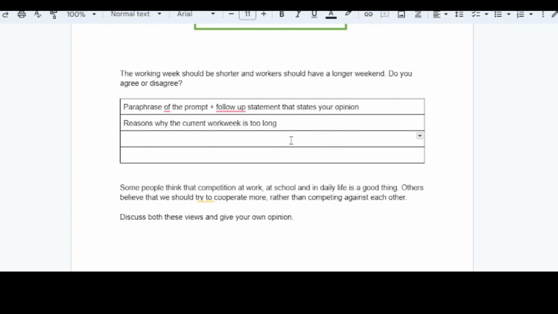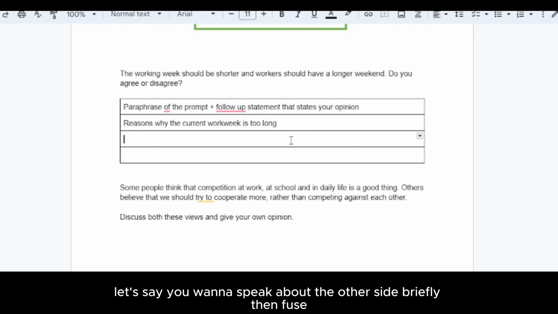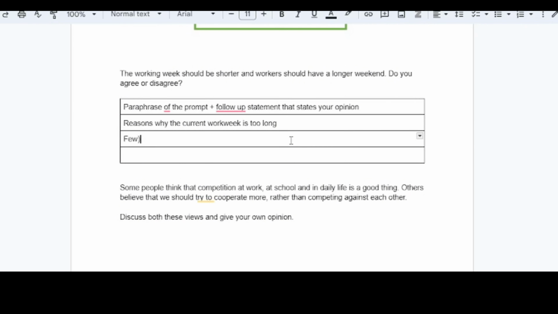Okay, and then points on the other side. Let's say you want to speak about the other side briefly, then a few reasons why some people say the current work week is just fine.